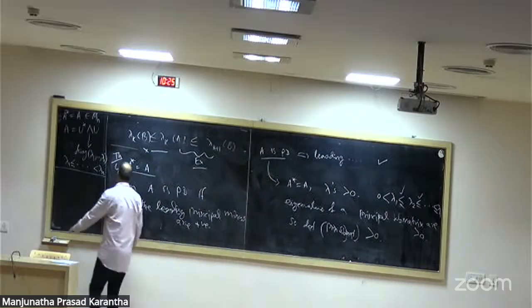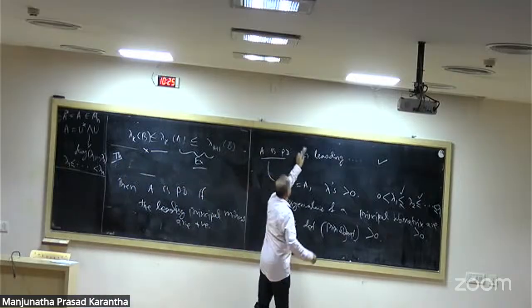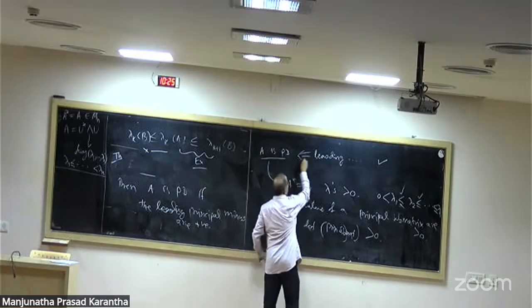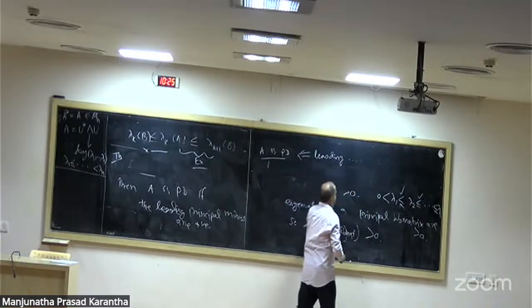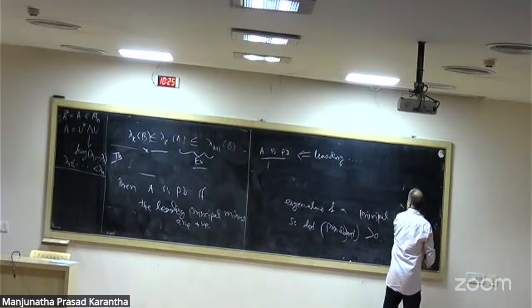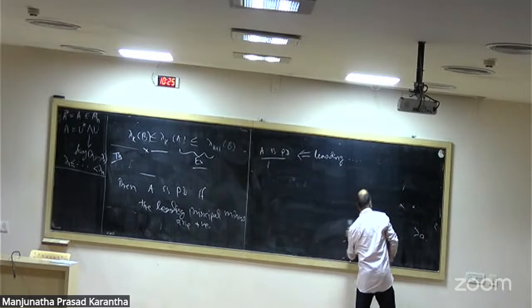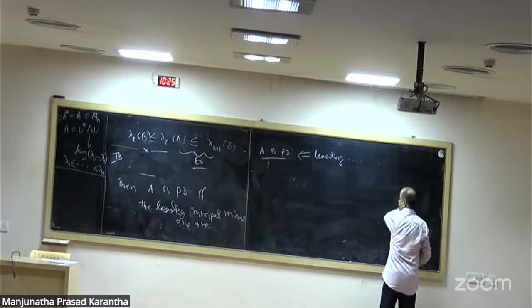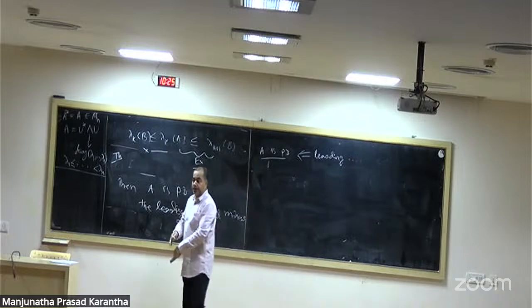Okay, the other side. Assume that A is Hermitian and all the leading principal minors are positive, and I want to say A is positive definite.